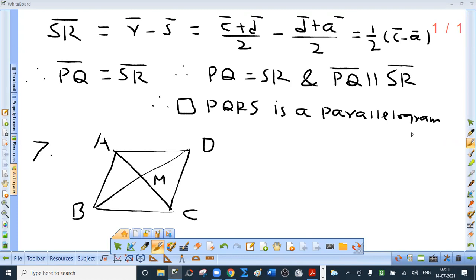Let A bar, B bar, C bar, D bar be the position vectors of the vertices A, B, C and D respectively of parallelogram ABCD.